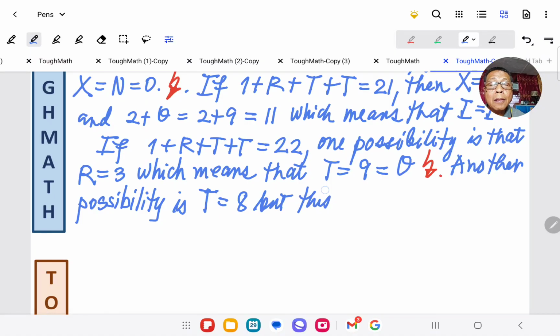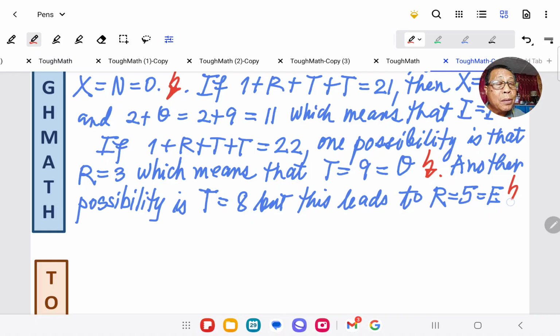But this leads to R equals 5 equals E, which is another violation of the conditions.